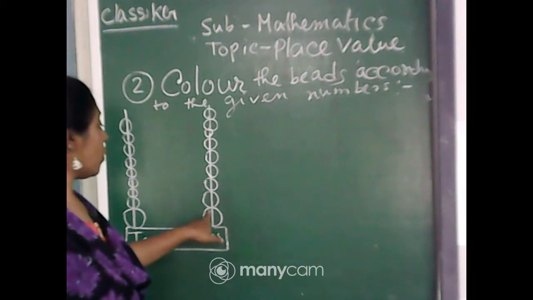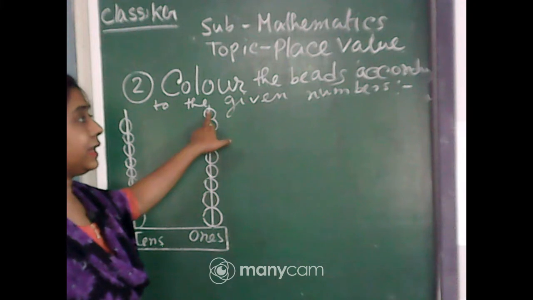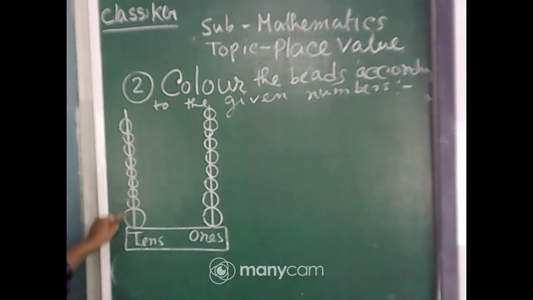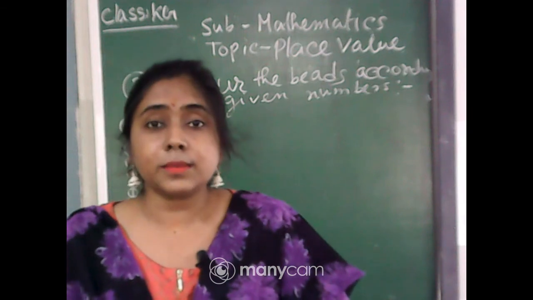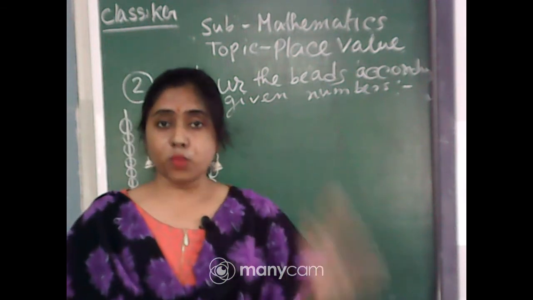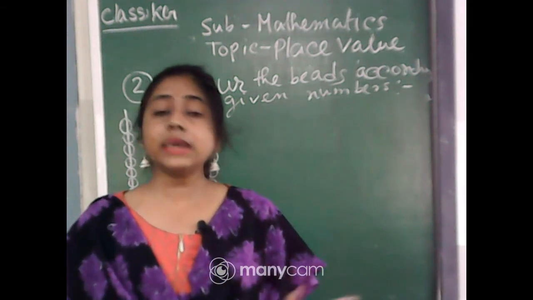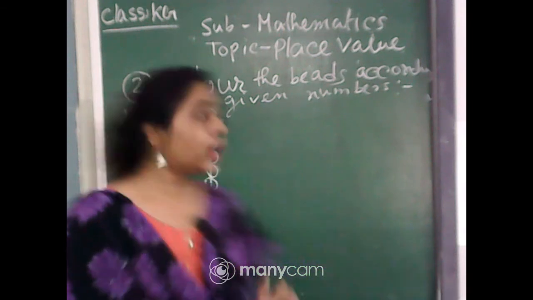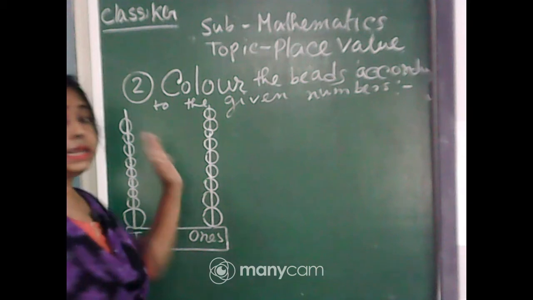Look here, 1 to 9, and in the tens column also 1 to 9. Why have I drawn 9 beads here? Because from 0 to 9 these are the single digits, and in a single rod we draw only 9.